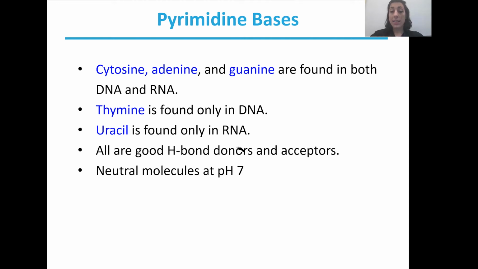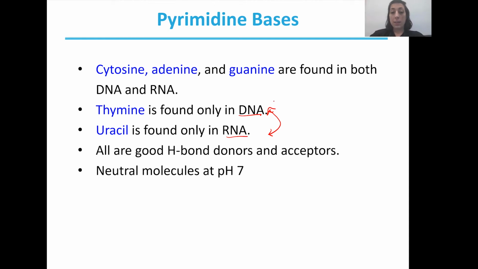There are cytosine, adenine, and guanine, which are found in DNA and RNA. Then there's also thymine, which is only found in DNA, and uracil, which is only found in RNA. So essentially, these two are swapped for each other depending on if you have DNA or RNA.